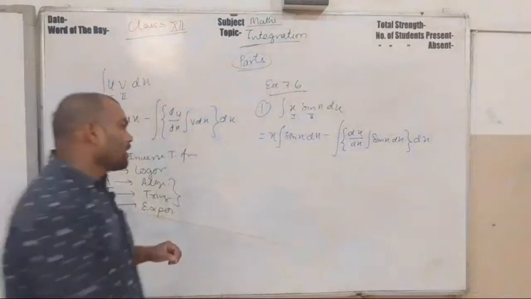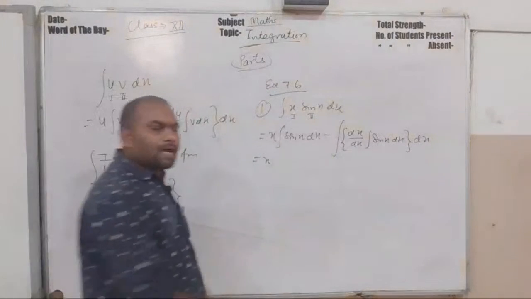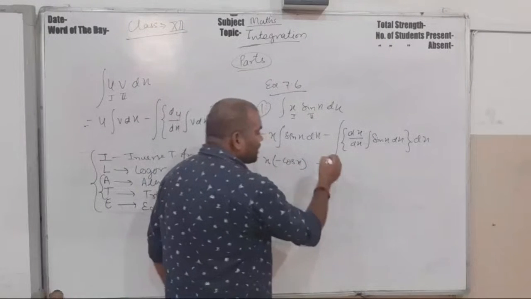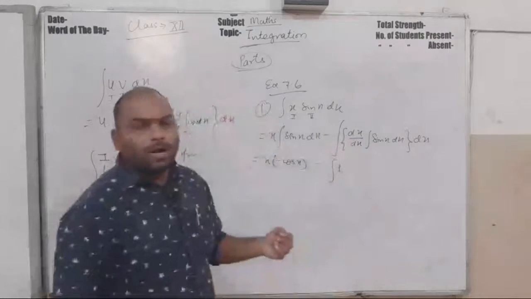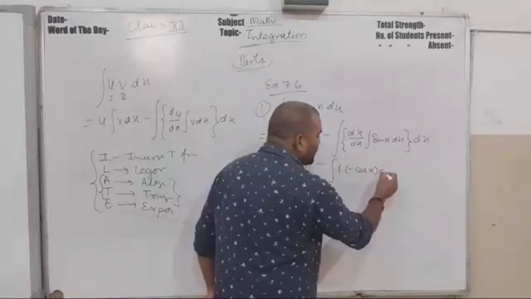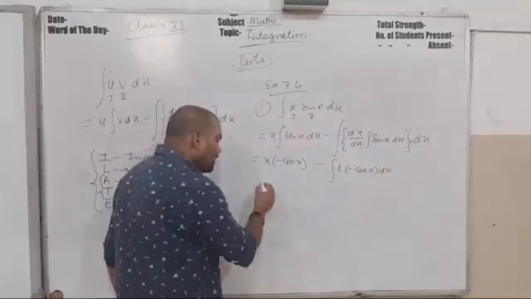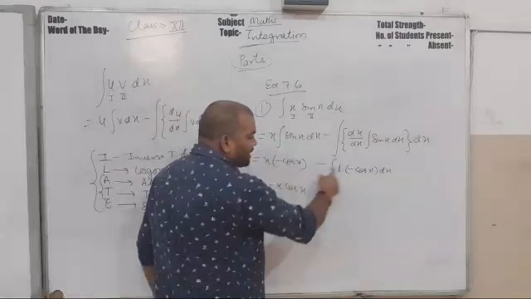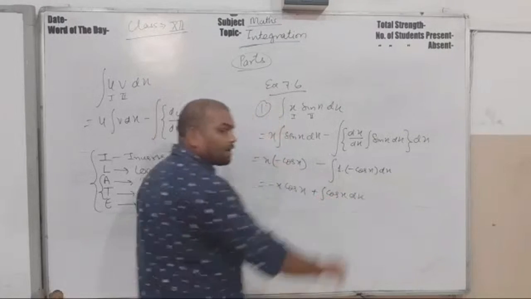Okay? So this becomes x, integration of sin is minus cos x, minus, d by dx of x is 1, and integration of sin is again minus cos x dx. Clear? Now this becomes minus x cos x, minus and minus plus integral of cos x dx.